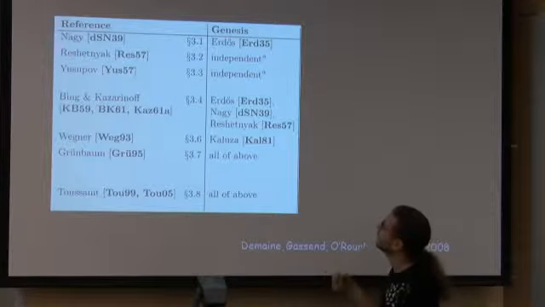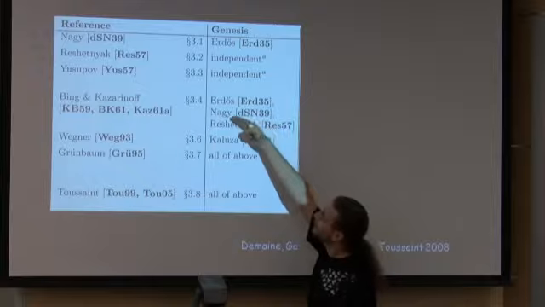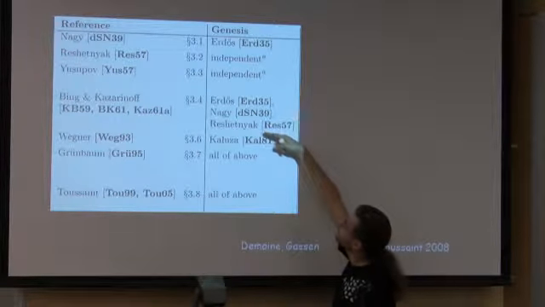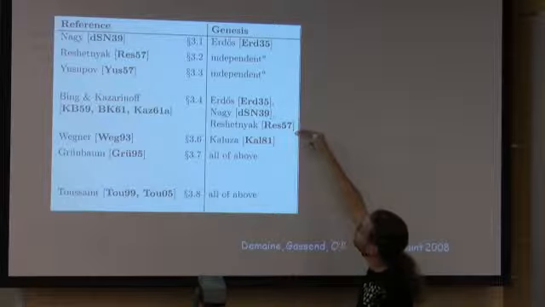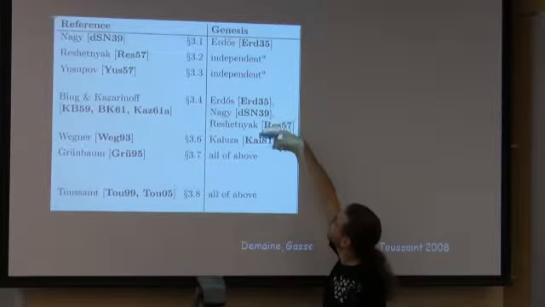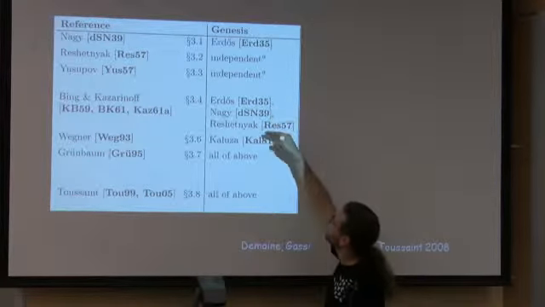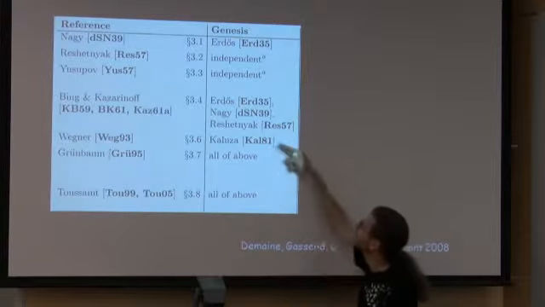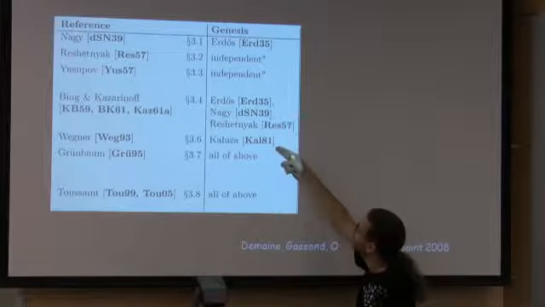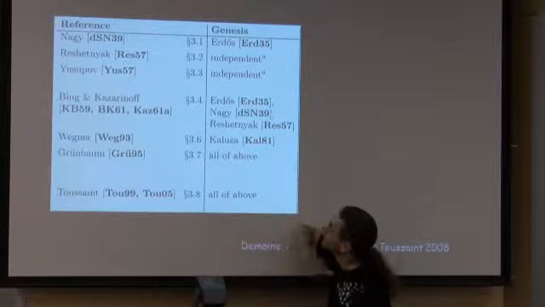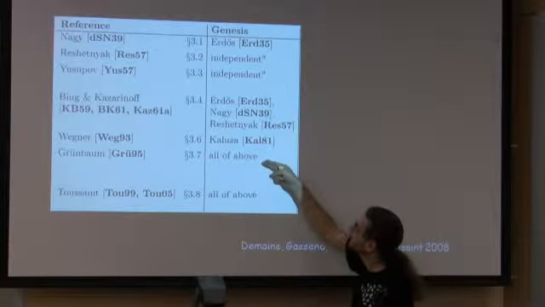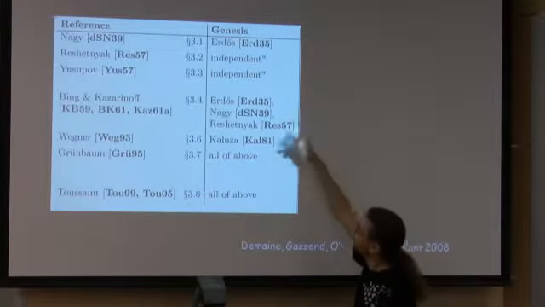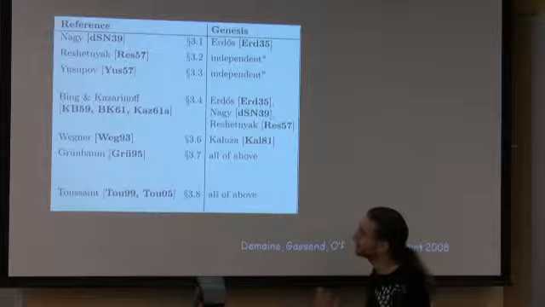And then Bing and Kazarinov knew about all of these things. Maybe not Yusupov, apparently. So these are the things that they knew about: Erdős, Naj, Reshetniak. Then Kaluza went and posed the problem in my birth year, and then Wegener solved it, and then Grunbaum finally cleaned this story up and discovered all of these things and wrote a sort of a survey and gave another proof.